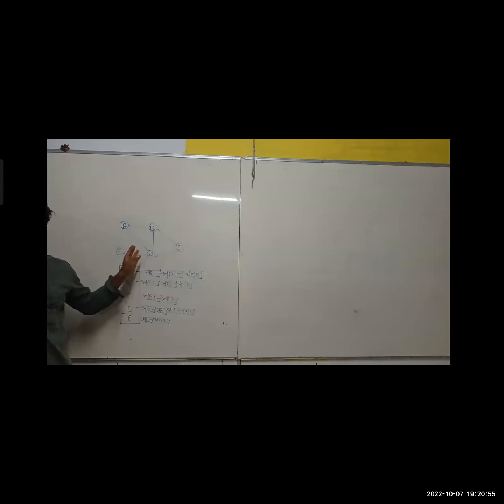But to represent this in matrix representation, how many values should we store? 25. 25 into 4, that is 100 bytes I need. Out of which, 5 into 4, that is 20 bytes are useful and the remaining 80 bytes are of no use.